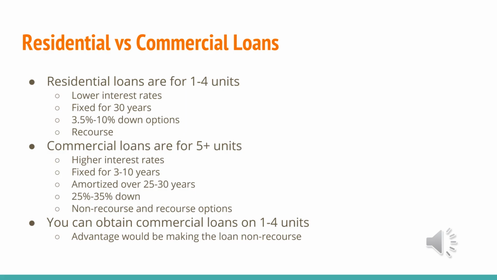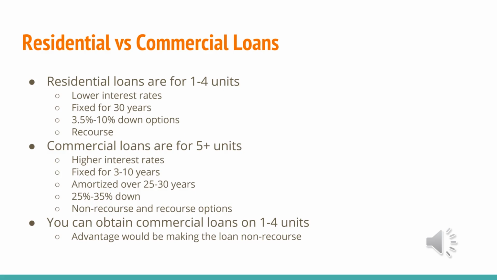What's nice about non-recourse is that if you filed for bankruptcy, they couldn't come after you personally. But to get the non-recourse option, usually the interest rate will be higher, to mitigate that risk for them. And you can actually obtain commercial loans on 1 to 4 units, and the advantage is you can make them non-recourse.